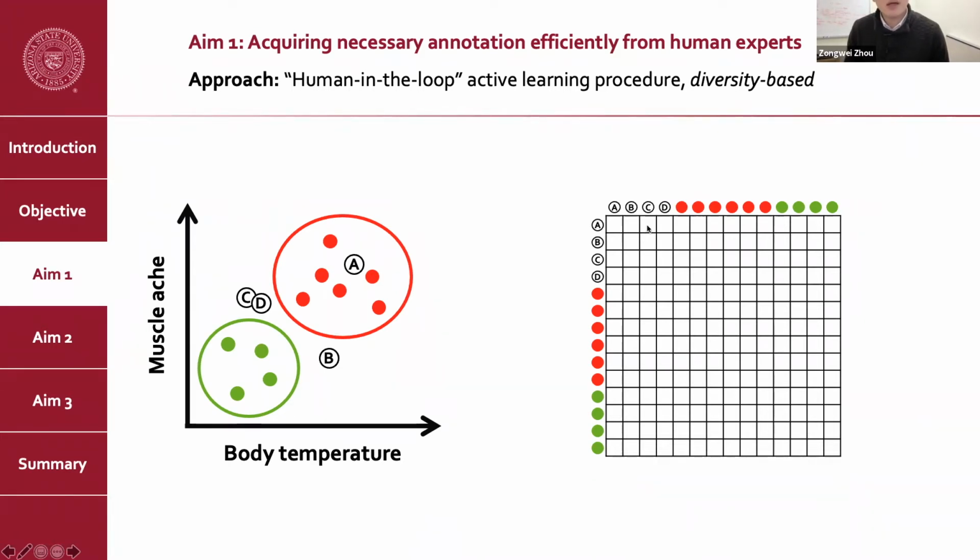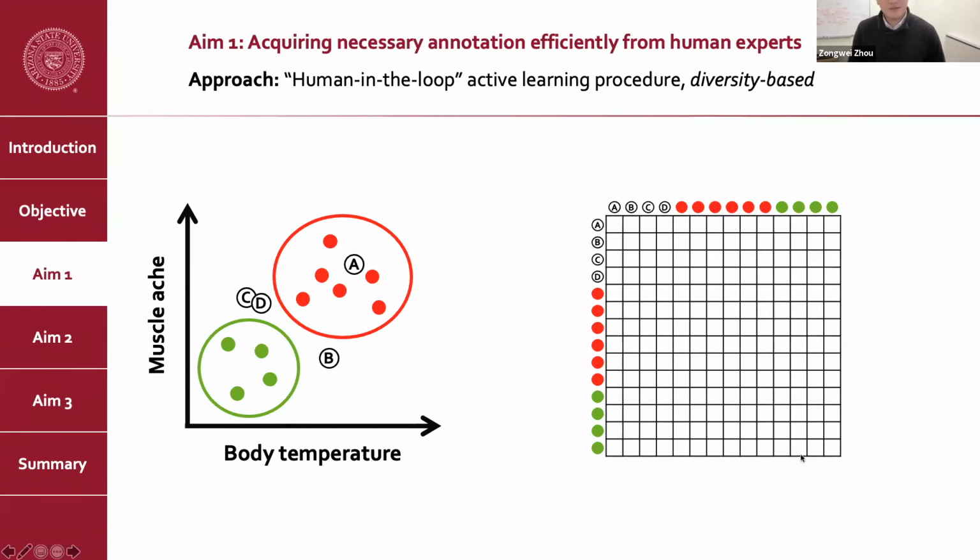For example, here is the similarity between sample A and C. The goal is to find the submatrix that has the largest diversity or smallest similarity compared with the entire matrix.